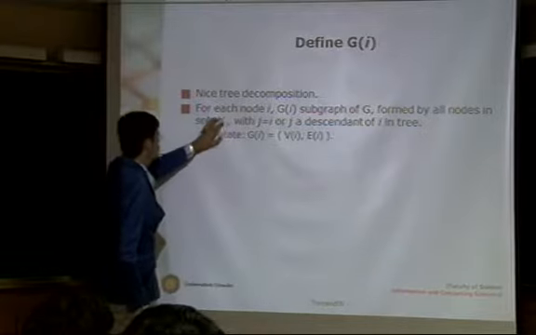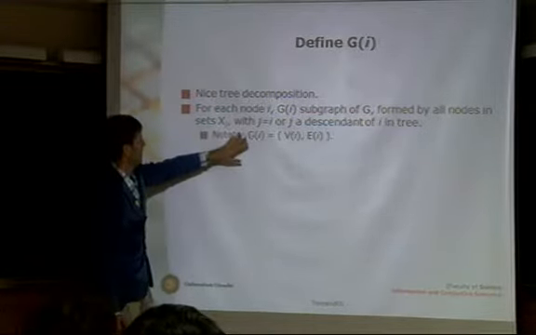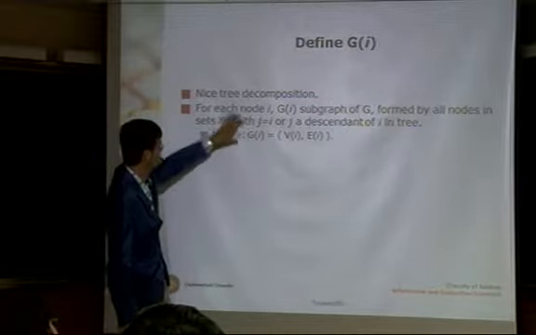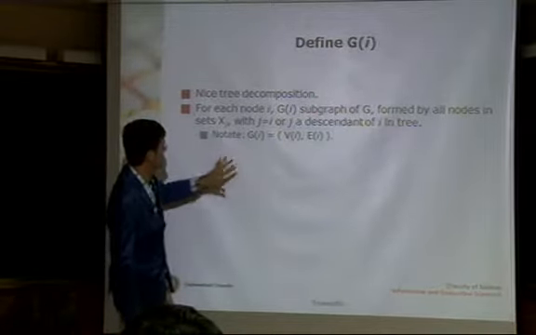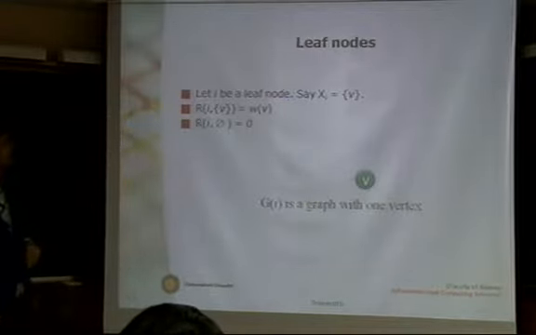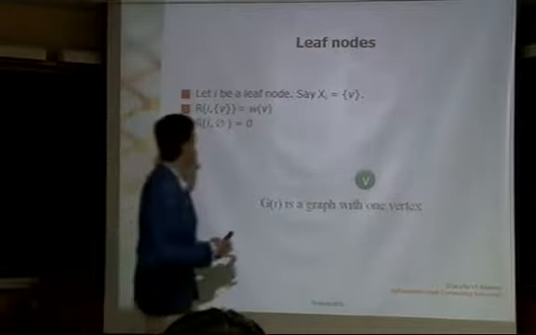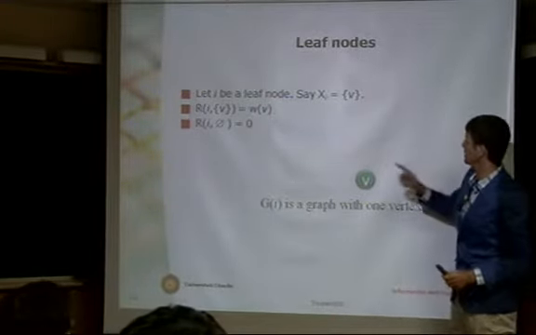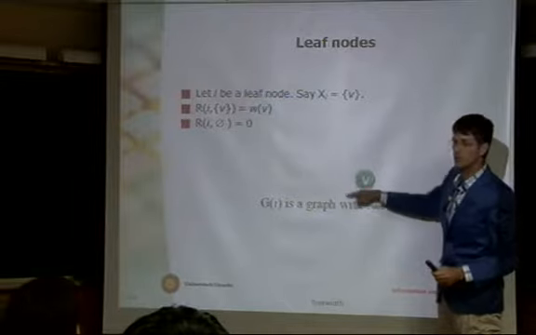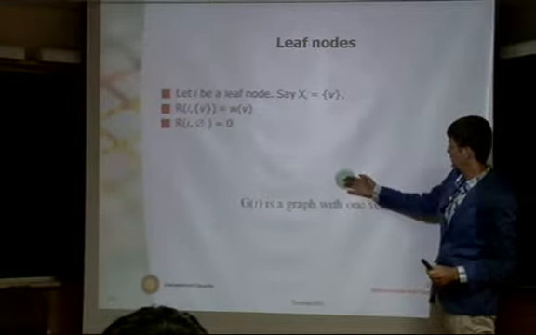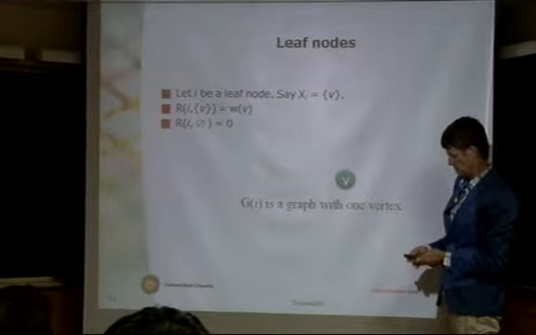The idea is I take all the bags in the nodes which are below that node, all these bags together, and then the edges between these vertices. If you have a leaf node, then a leaf node is just a node with a bag containing one vertex, and the subgraph corresponding to it is just a single vertex.